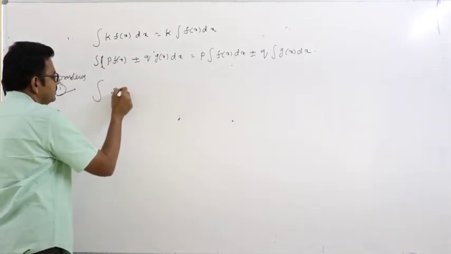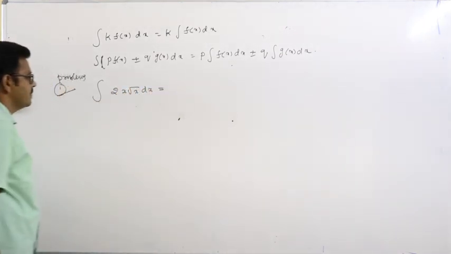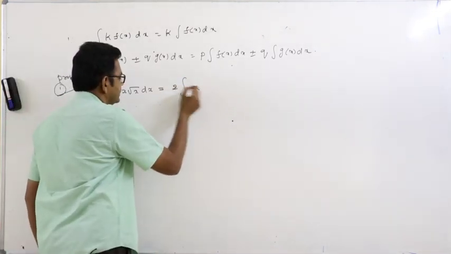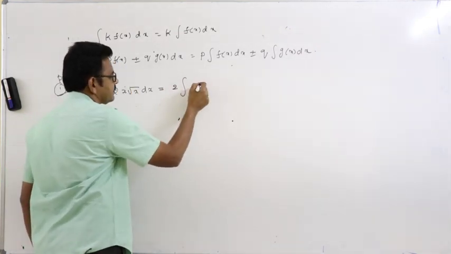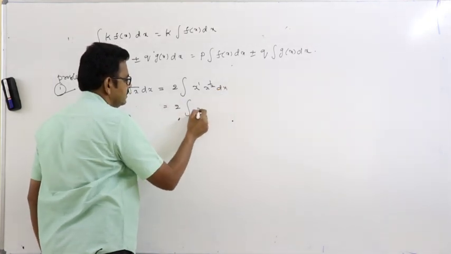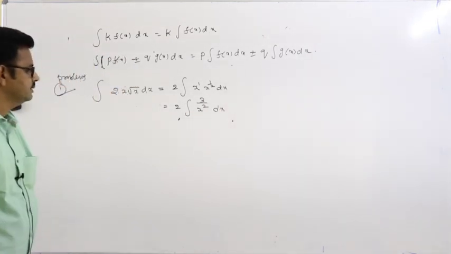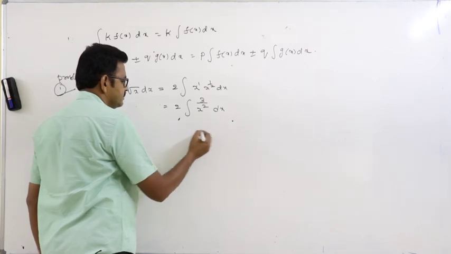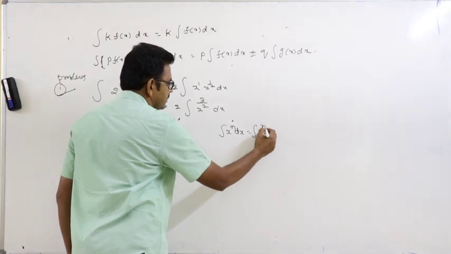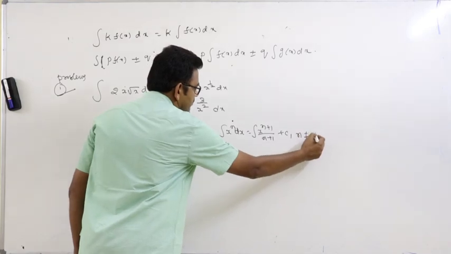Integral 2 into x root x dx is equal to 2, a constant, integral x root x, which means x power 1 into x power 1 by 2 dx. So that is 2 times the integral of x power 3 by 2 dx. Using the formula, integral x power n dx is equal to x power n plus 1 by n plus 1 plus c, where n is not equal to minus 1.